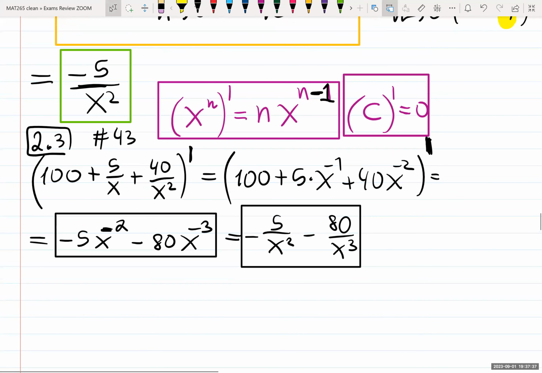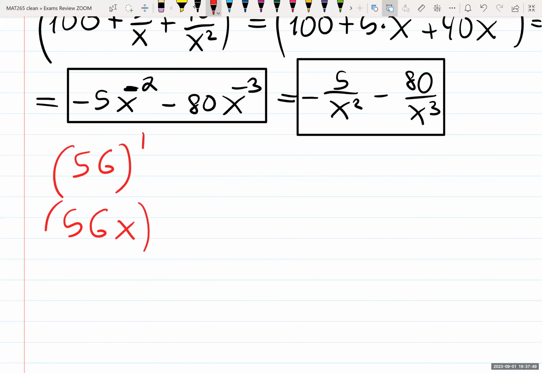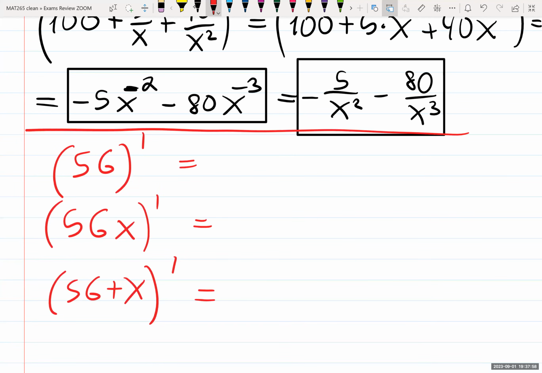2.1. Yeah, sure, I'm going back to other stuff. Let me tell you this important thing before I move on. Interesting: derivative of 56 versus derivative of 56x versus derivative of 56 plus x. I like showing this kind of like a note. What's the difference? Derivative of a constant is 0. I just mentioned that. That's not a secret. But somehow when the constant is multiplied by x, now it stays.